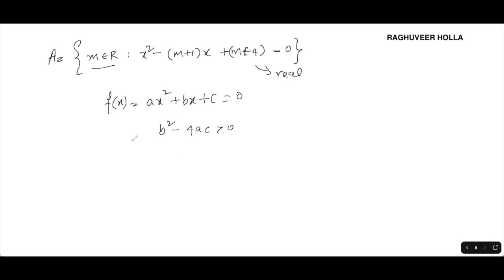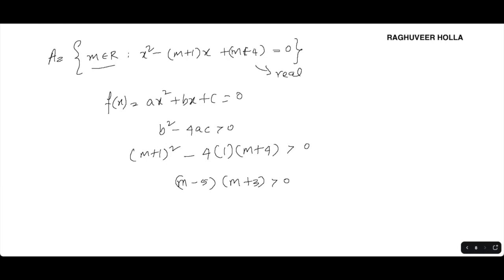So let us substitute this. This will be m plus 1 whole square minus 4 into 1 into m plus 4, greater than 0. Solving this, you get m minus 5 and m plus 3, which is greater than 0.